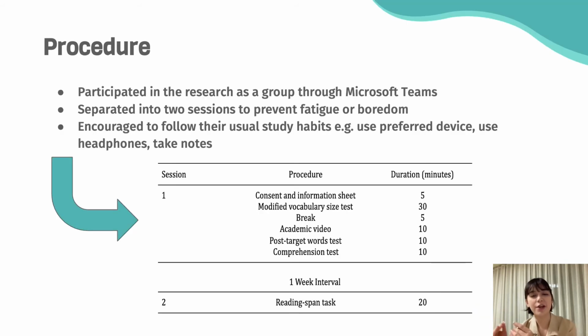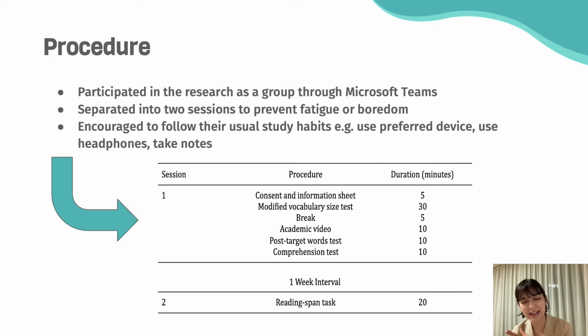So the procedure: participants took part in this research as a group through an online platform of Microsoft Teams across 2 weeks in 2 sessions of the regular lecture hours in their core module. In the first session, the consent forms and information sheets were received, and the participants took a series of tests, including the modified vocabulary size test, watching the academic video, and then completing the post-target words test, followed by the comprehension test.